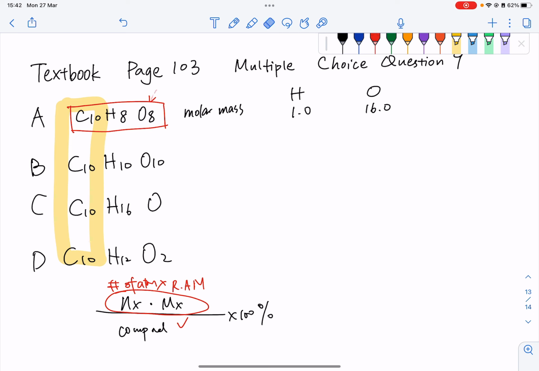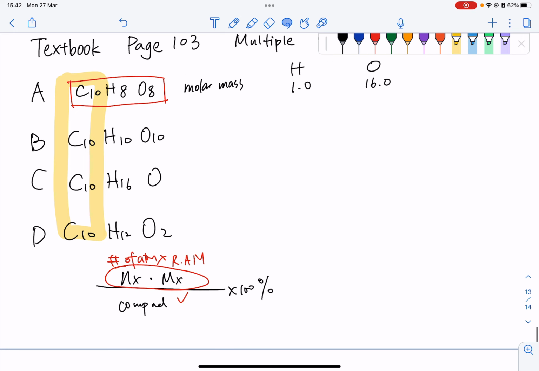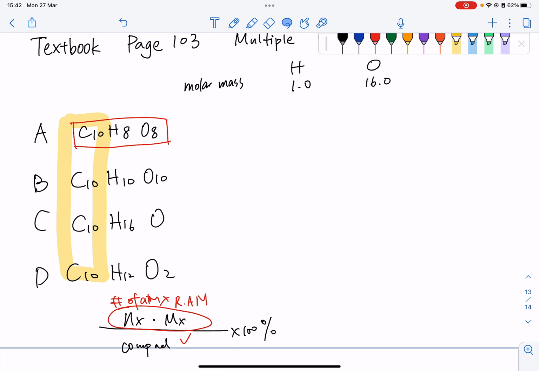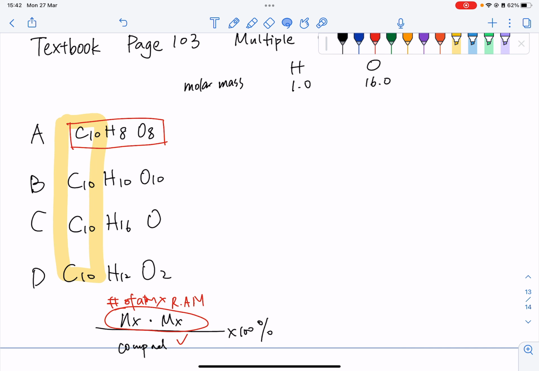So let's see. The molar mass for hydrogen is 1.0, oxygen is 16.0. Let me move a little bit down so it could line up in a big table. So if we have to calculate it for the mass, I will skip the mole here. So the mass for choice A, it should be 1.0 times 8, it should be 8, right?